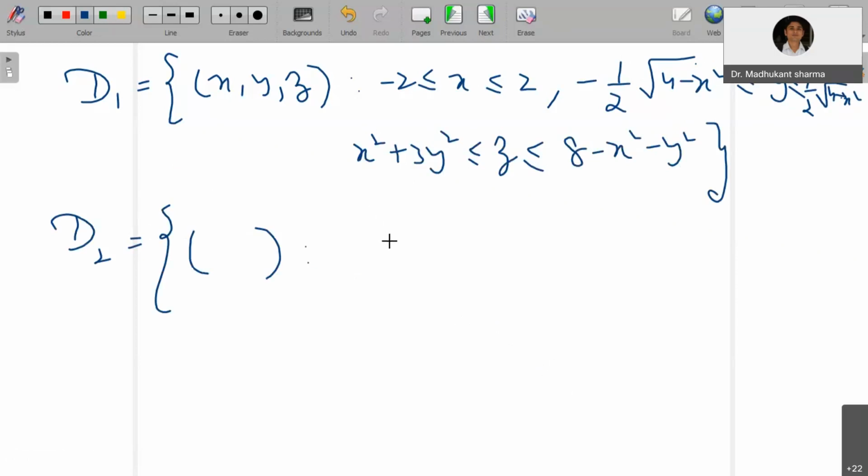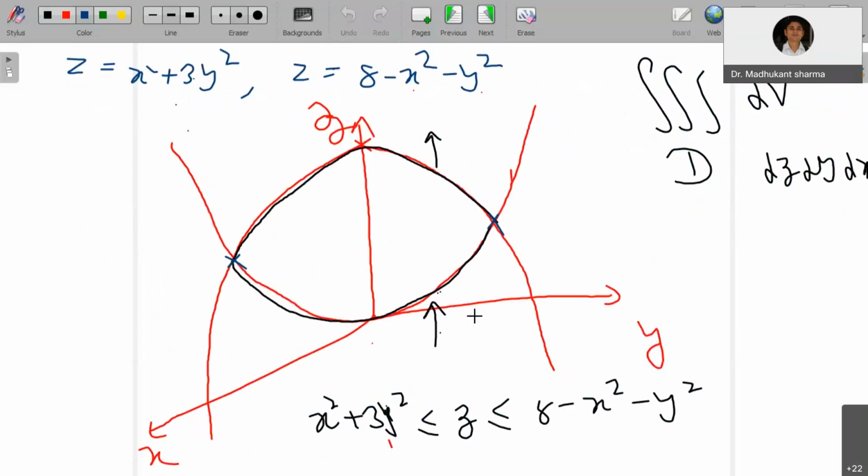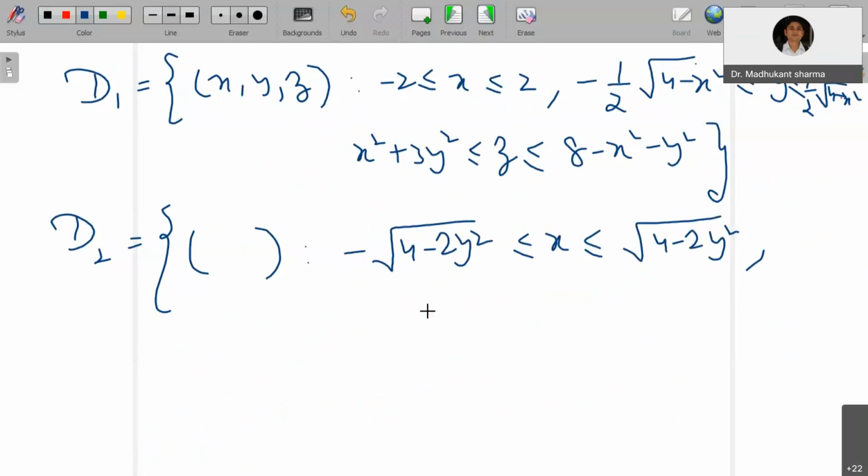Another way is x, y, z. X is entering from this side and leaving from this side. So if you look at it the reverse way, x is from minus square root of 4 minus 2y square less than or equal to x less than or equal to plus square root of 4 minus 2y square.